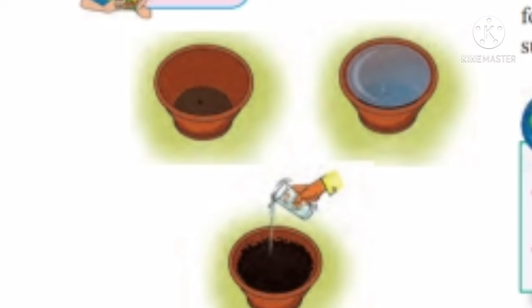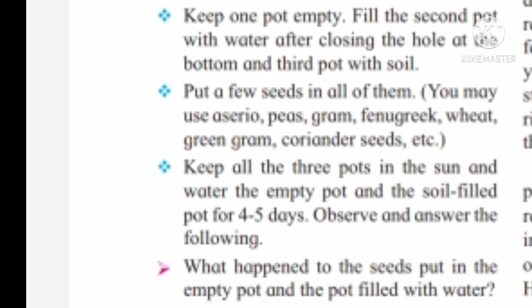Keep all the 3 pots in the sun and water the empty pots and the soil filled pots for 4 to 5 days and observe and answer the following questions. Let us try to answer the questions with the help of our observation.